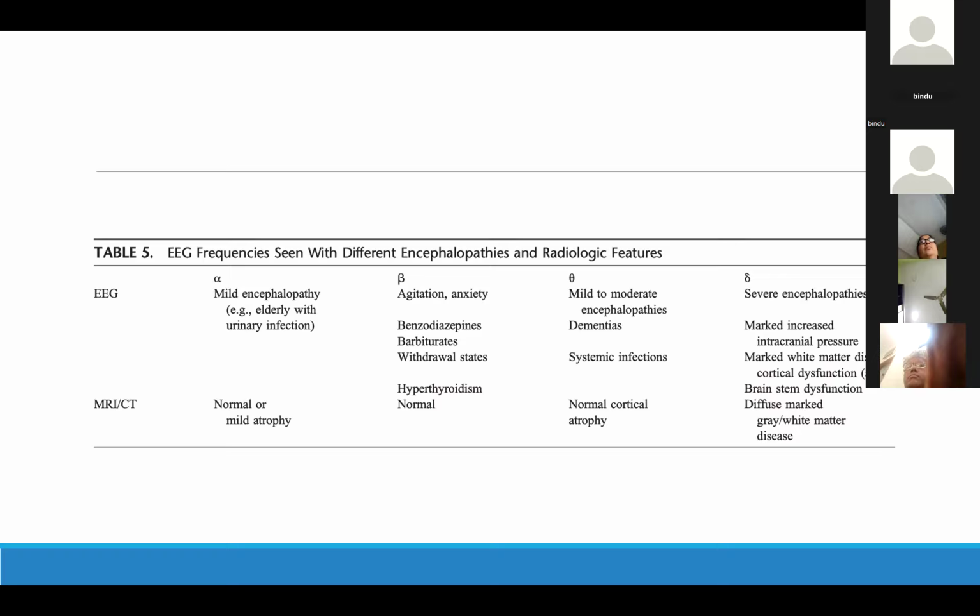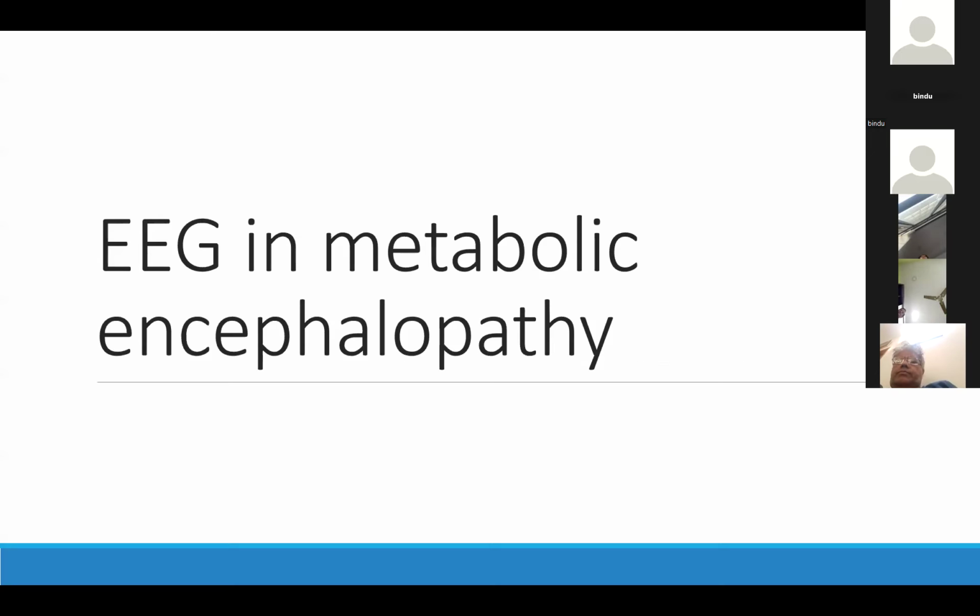Beta can be seen in toxic encephalopathies, agitation, anxiety, and benzodiazepines, barbiturates in withdrawal states. Theta in dementias, moderate encephalopathies, and systemic infections. And delta in severe encephalopathies and with increased intracranial pressure as well as marked white matter dysfunction.